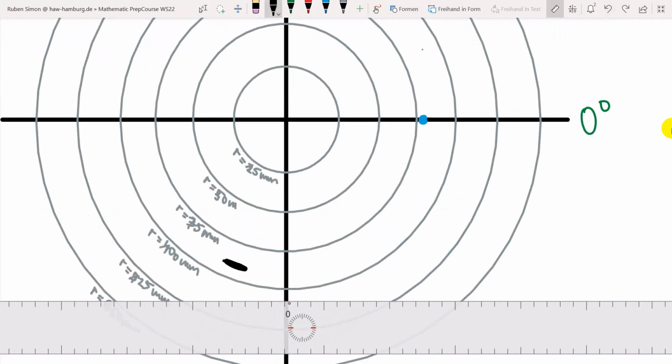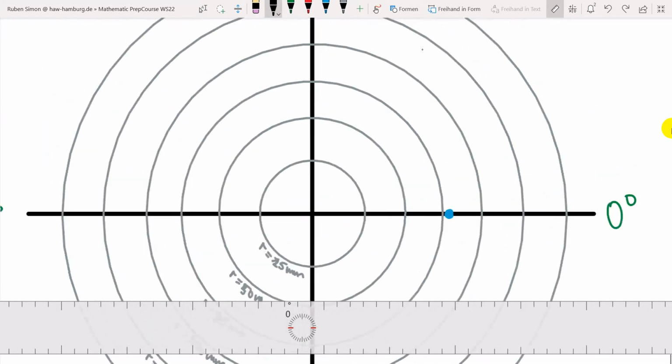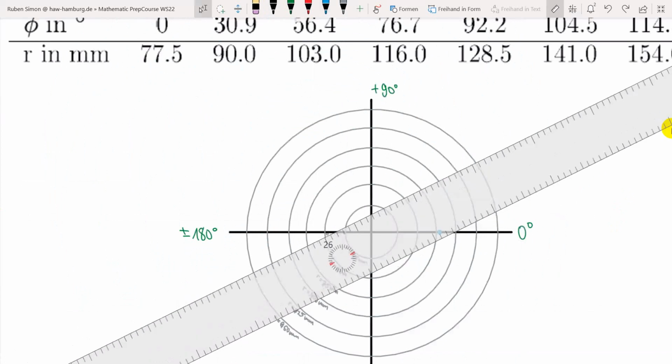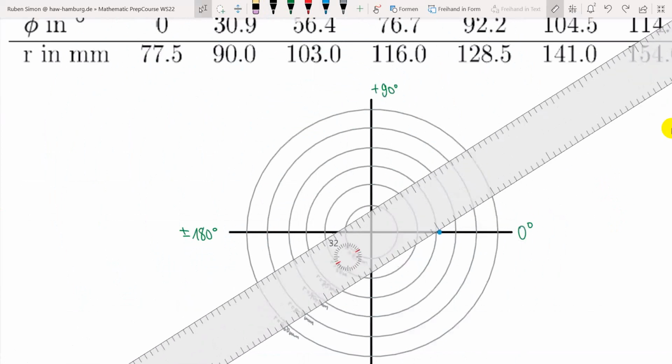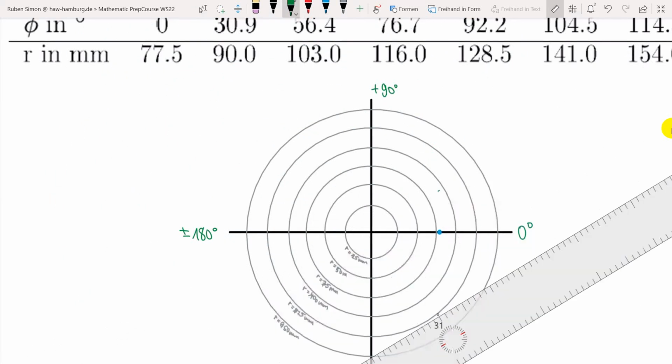Now we have to determine an angle of 30.9 degrees, and I can use my ruler for that. So this is 31 degrees. If I put this here, then I can determine the 90 millimeters radius, around here. So this is going to be our next point.